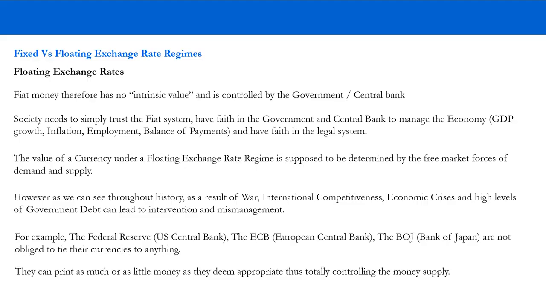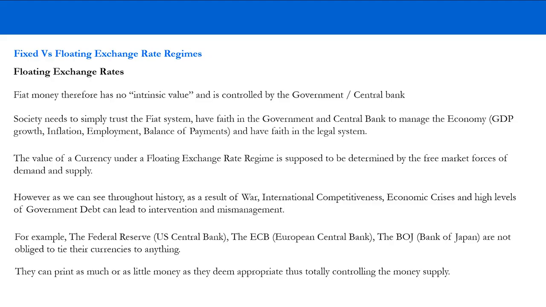However, as we've just seen throughout history, as a result of war, international competitiveness, economic crises, high levels of government debt, these situations lead to intervention and mismanagement. And you have to bear this in mind. It's very important for currency markets overall, even in the modern world.